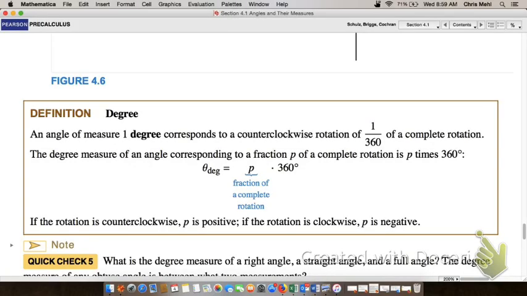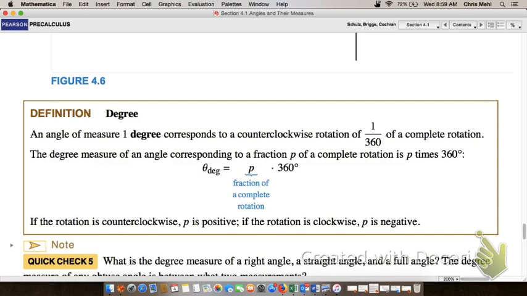Now the definition in the textbook, in the section corresponding to degree measure: an angle of measure 1 degree corresponds to a counterclockwise rotation of 1/360th of a complete rotation. The reason is that to go all the way around, you rotate by 360 degrees, so going 1/360th of the way around corresponds to an angle measure of 1 degree.